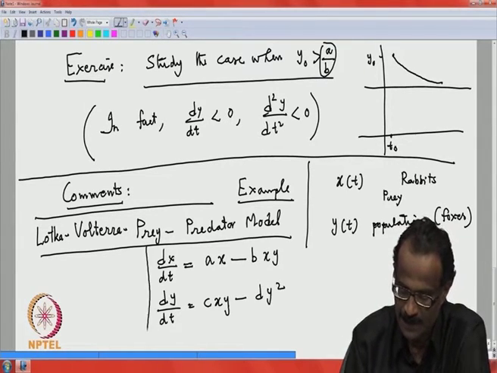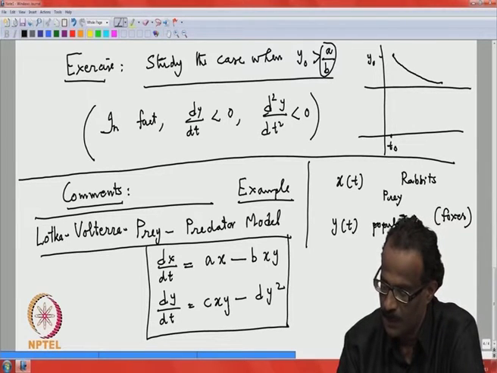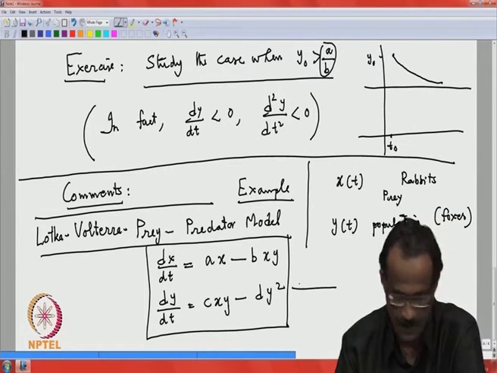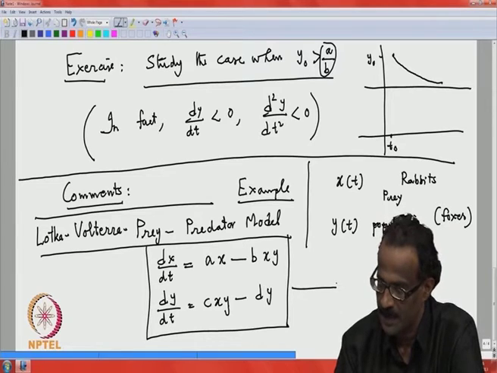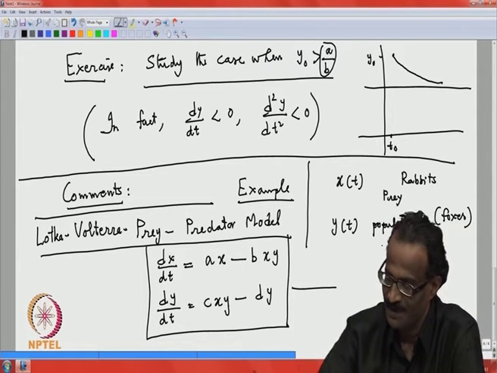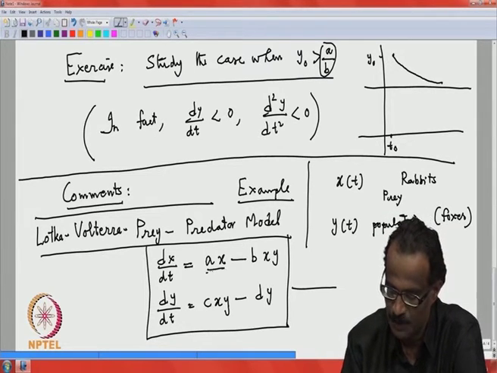So, you see this is an interesting, again a non-linear model, which is not dy square. This is the growth corresponding to that one; it is because one is eating the other one, you have to understand that. That is why this is the positive sign and this is the negative sign.